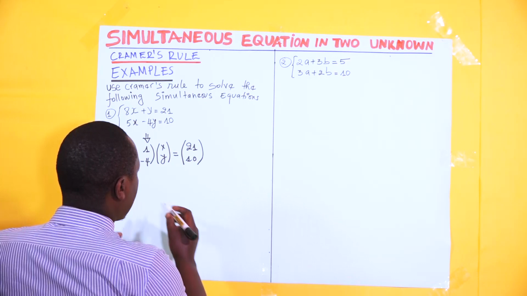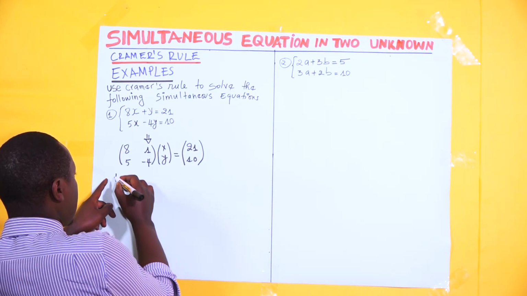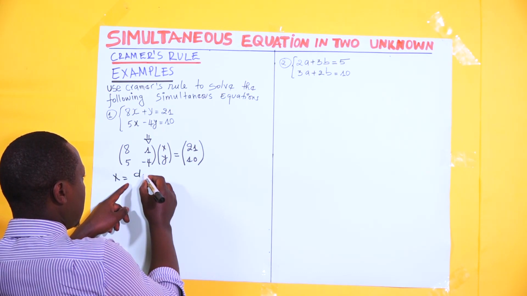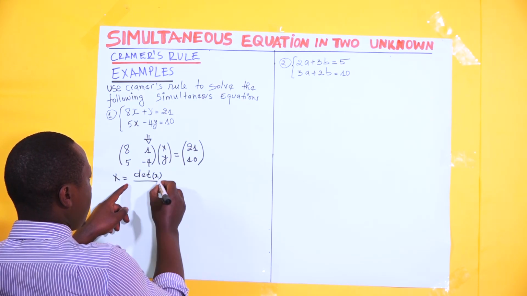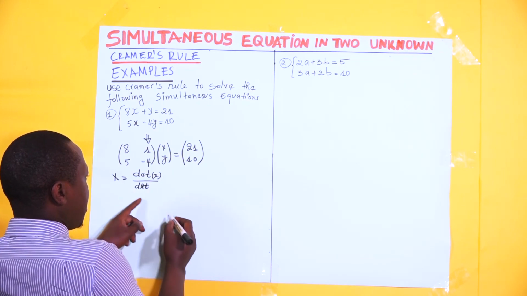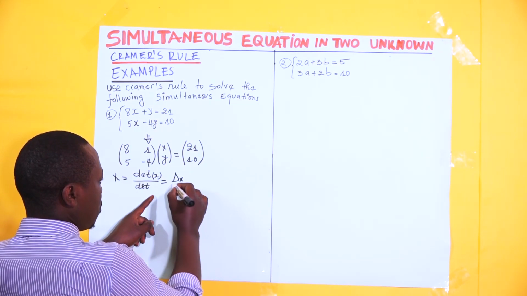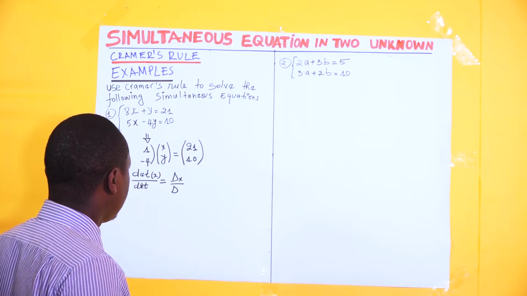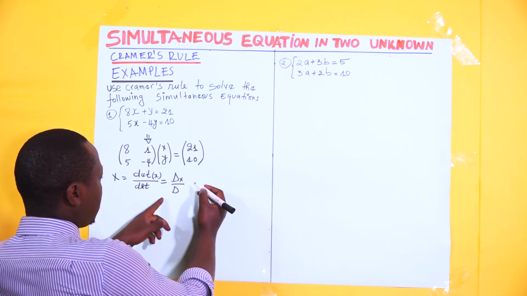What are we going to find, class? We are going to find the determinant. Because the value of x equals the determinant of x over the determinant. Another way, we can even write it as dx over d, to mean determinant. This is the determinant of x, this is the determinant.